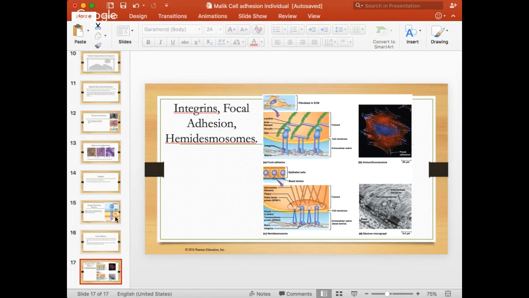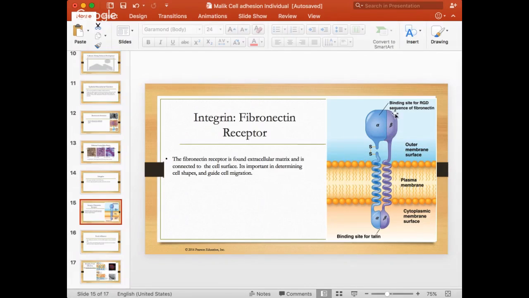If we go back to this figure, we can see that the alpha and the beta, like I said previously, definitely play a major role in the fibronectin receptor, and they are in between the plasma membrane, determining which cells will go through, and also let us see the different types of bindings that they have, such as the binding site for the RGD sequence for fibronectin. Then, like I said previously, the binding sites for talin and the tails.